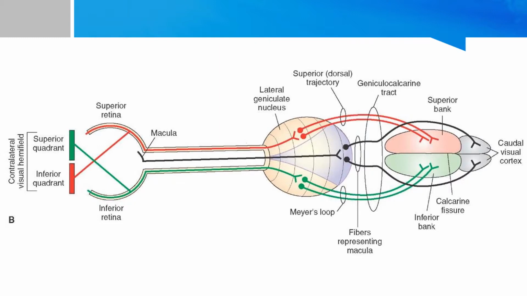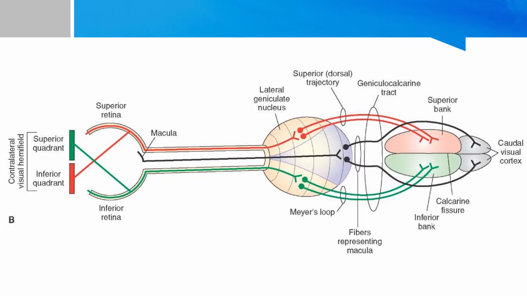Now this picture depicts the visual pathway in a slightly different fashion. The superior is located on the top and the inferior is located on the bottom, and the visual processing pathway goes from left to right. Now as light from the superior quadrants enters the inferior retina, signal travels to the LGN, then to the Meyer's loop, and subsequently projects to the inferior bank of the calcarine fissure.